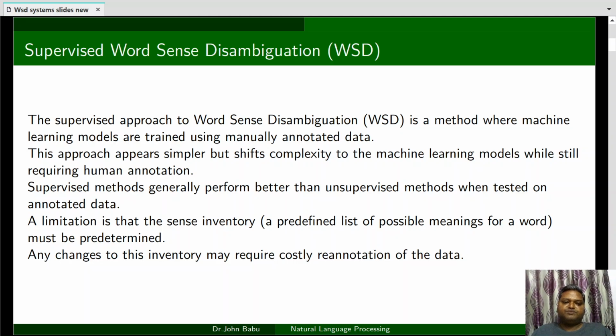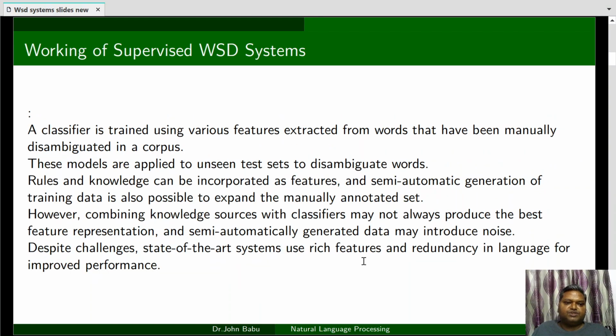Obviously the supervised methods are high accuracy methods compared to the unsupervised methods. And what we need is we need to determine the sense inventory, the word and its possible meanings. Those have to be determined at the beginning of that process itself.